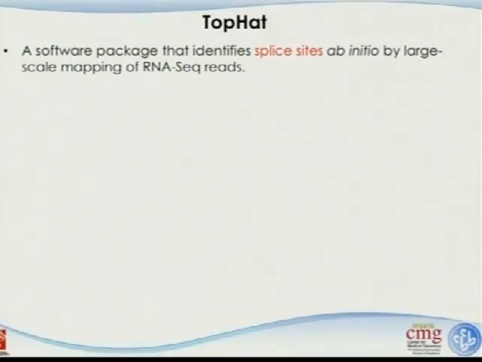So now let's talk about TopHat. Okay, this is a software package for identifying splice sites by large-scale mapping of RNA sequencing reads. The reason I talk about it is, first, it is very popular. It's the most popular approach for RNA sequencing alignments.